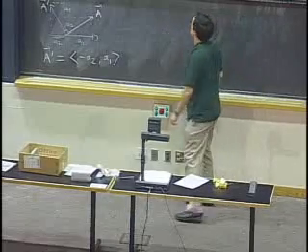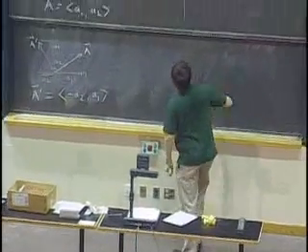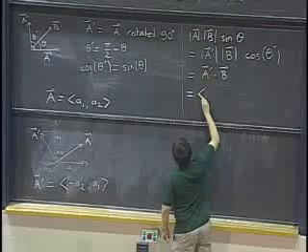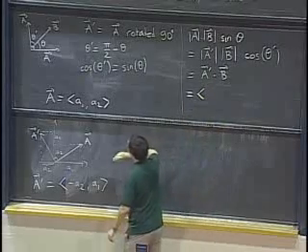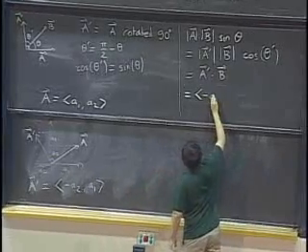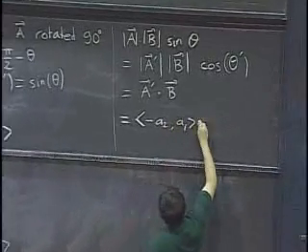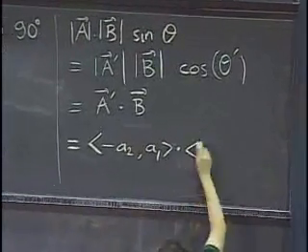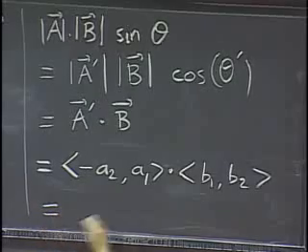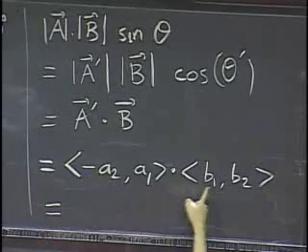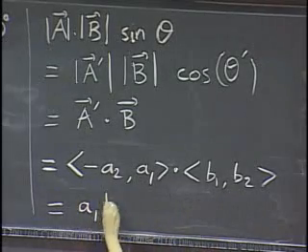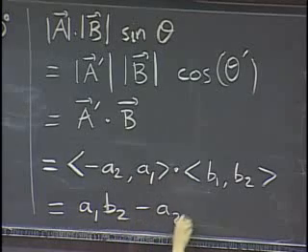Okay. So, well, let's continue that calculation there. A prime we've decided is minus A2, comma A1. So minus A2, A1, dot product with, let's call B1 and B2 the components of B. Then that will be, well, minus A2, B1 plus A1, B2. Let me write that the other way around. A1, B2 minus A2, B1.